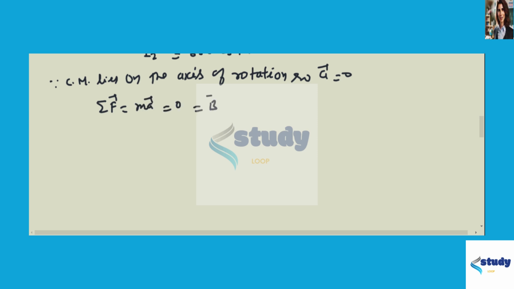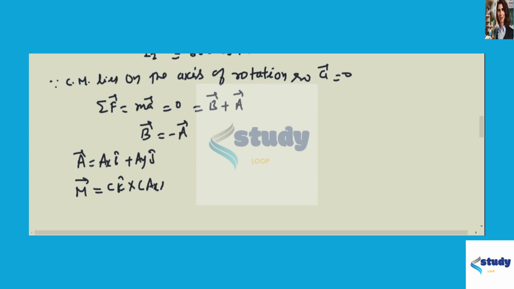That is, the dynamic reaction at A and B must be equal and opposite. So A can be written as Ax i cap plus Ay j cap. Similarly, we can write the moment of couple as C k cross Ax i cap plus Ay j cap.